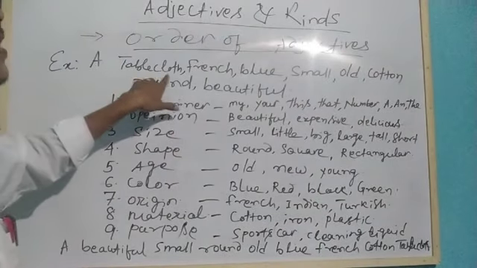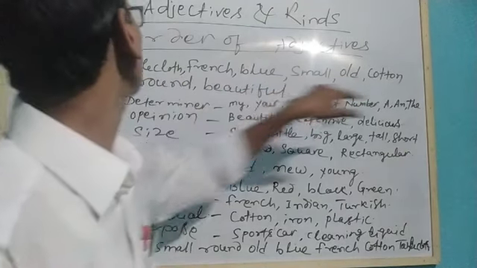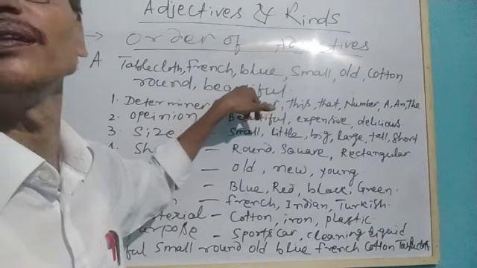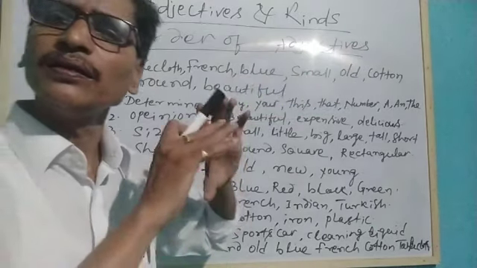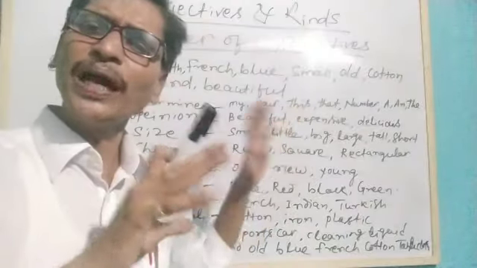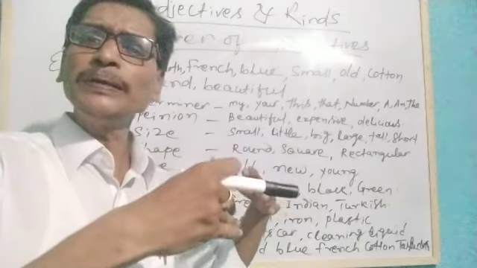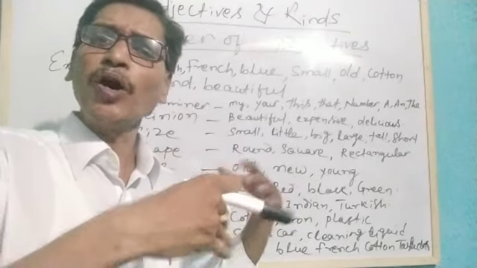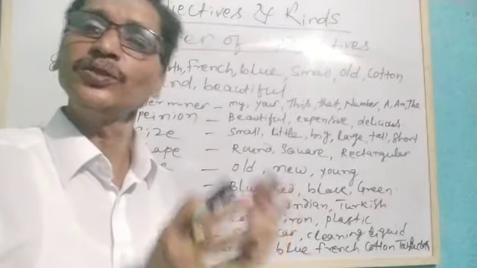A tablecloth, friends: blue, small, old, cotton, round, beautiful. These are some of the adjectives. We have to use them in a specific order so that it will be 100% correct to write.